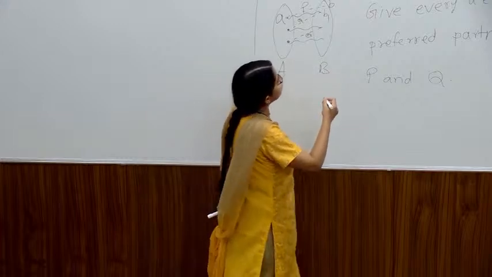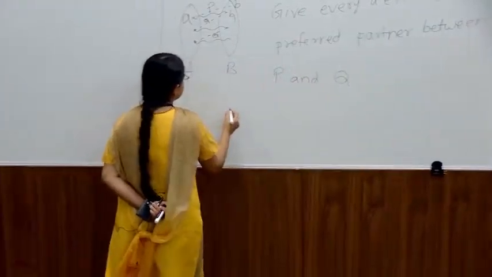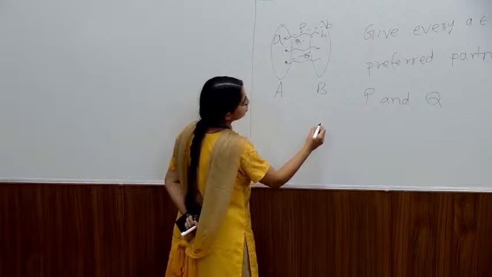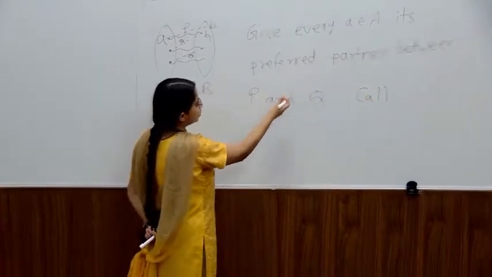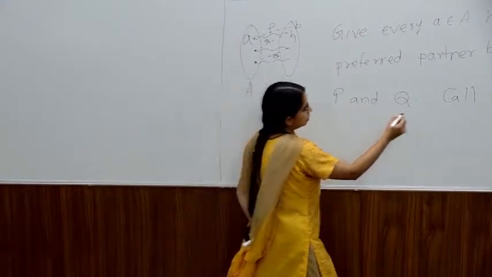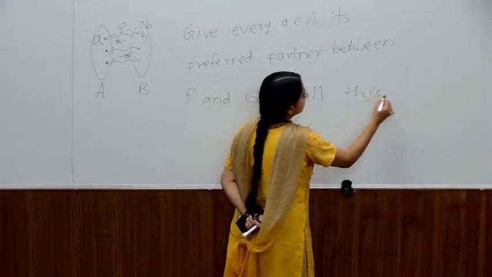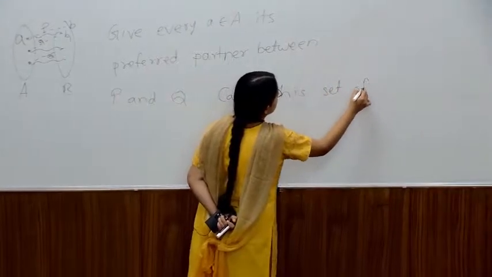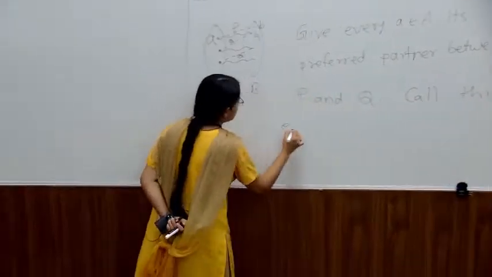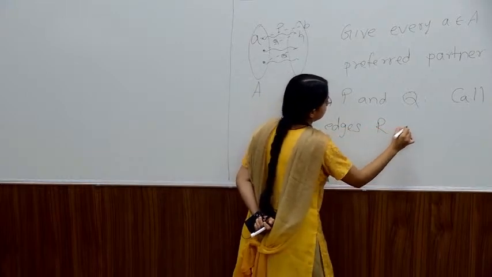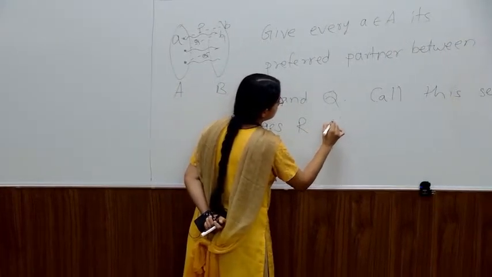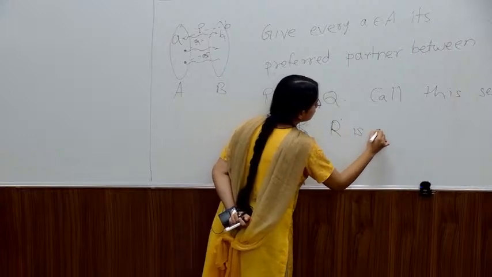So at least this will give us a bunch of edges. Call this set of edges R. The claim is that R is in fact a stable matching.